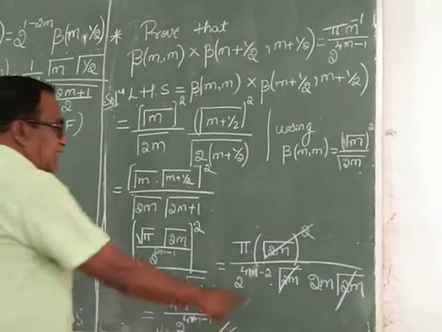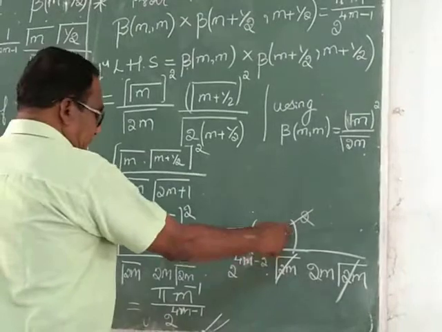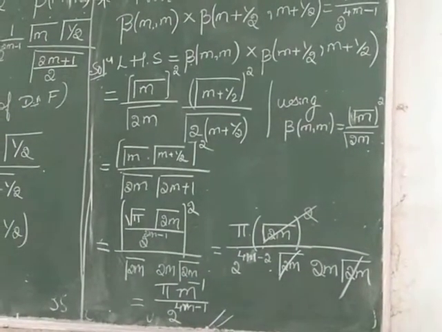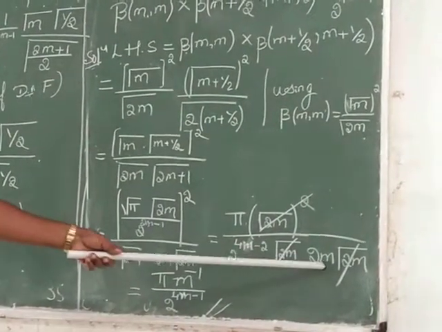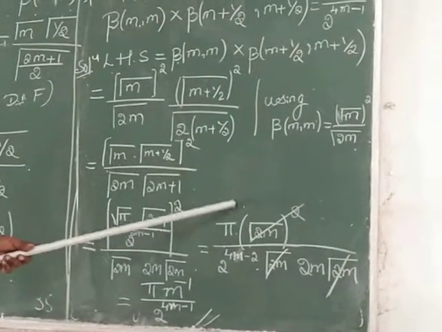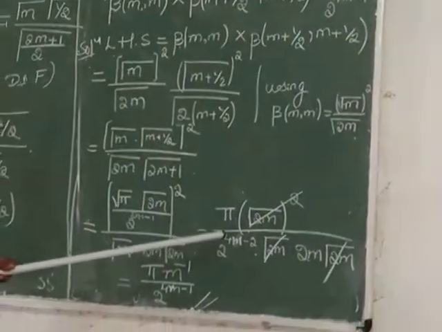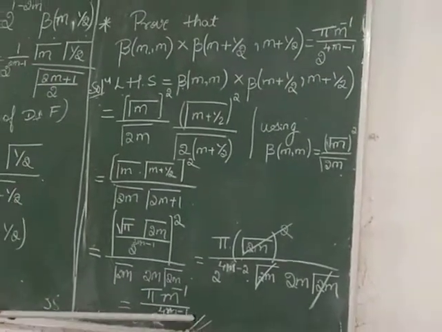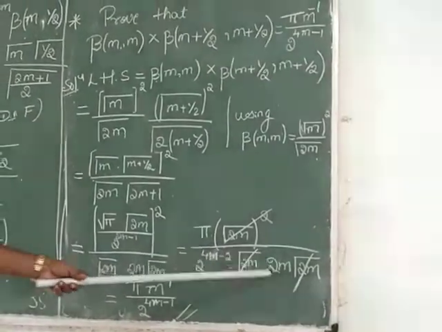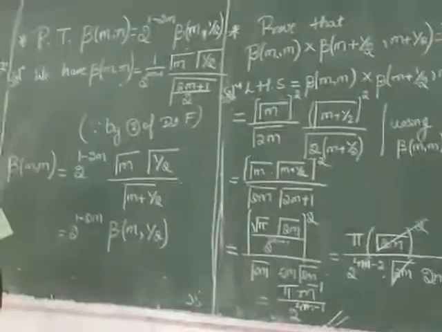Here you can observe gamma 2m into gamma 2m is gamma 2m whole square, and this gamma 2m whole square cancels. You are left with, if I take this m to the numerator, pi as it is, m to the power minus 1 divided by 2 to the power 4m minus 2 into 2, which means 2 to the power 4m minus 1. The required result.